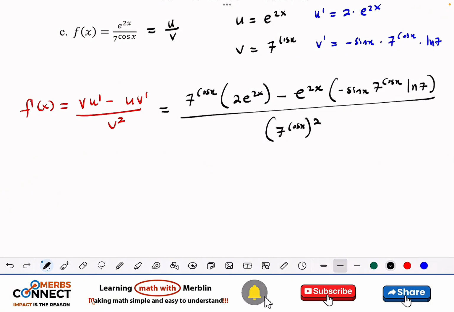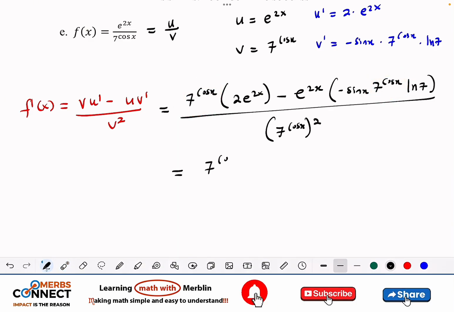So if I want to do some small simplification here, I'm going to have something like 2 times 7 cos x e to the power 2x minus... okay, so I think I can factor something out. I have this here, I have this also here, I can factor it out.